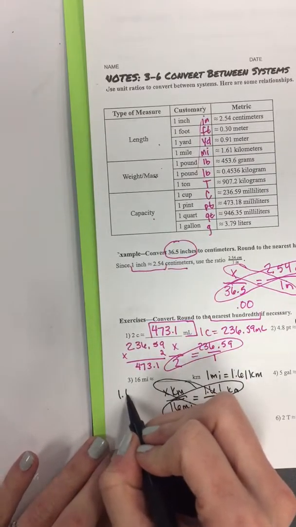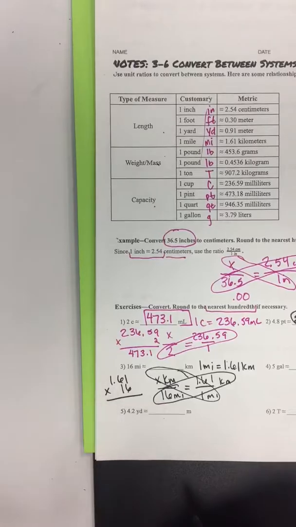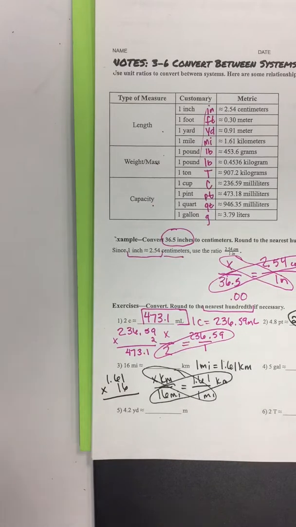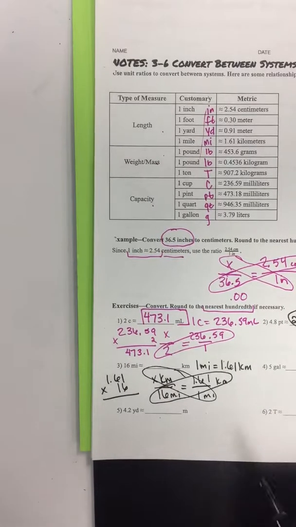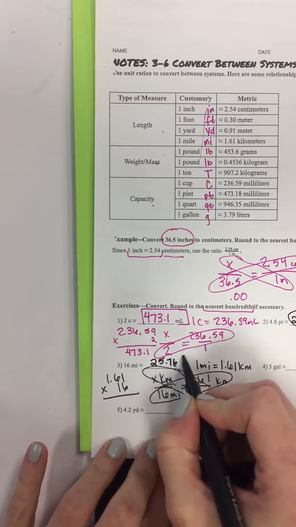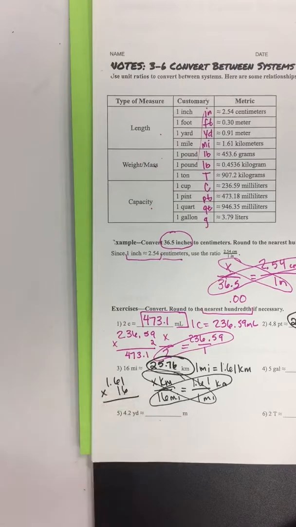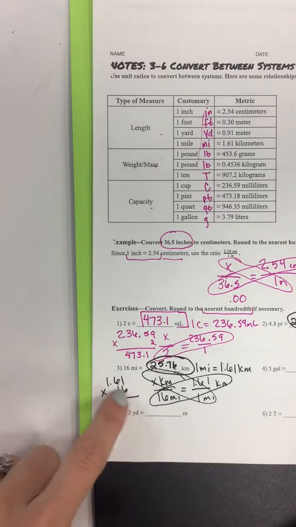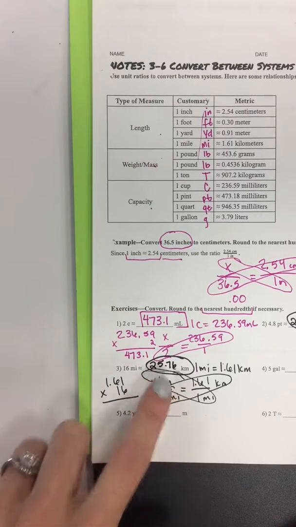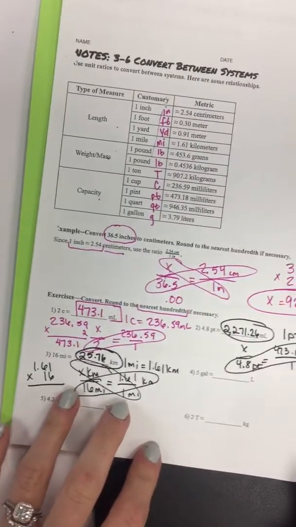So 1.61 times 16. You can work that out on your paper or on the tables with a whiteboard marker. And you should get 25.76 kilometers. When I'm giving you a chance to work these out on your table or on your paper, if you don't get this number, go back and see what happened. Check your numbers and see where you messed up.